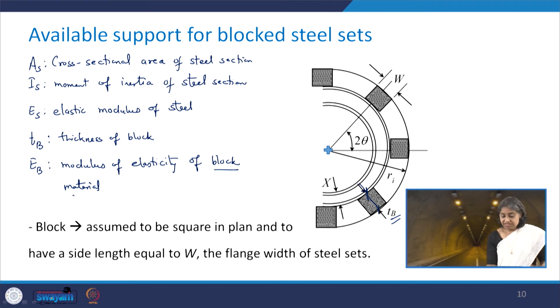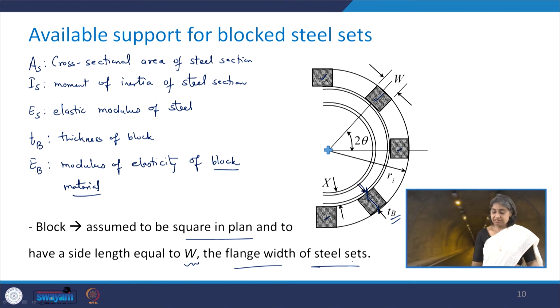Now as far as this block material is concerned, all these are blocks as shown in the figure. These are assumed to be square in plan, with a side length equal to W, which I just mentioned is the flange width of the steel sets, shown here in this figure.